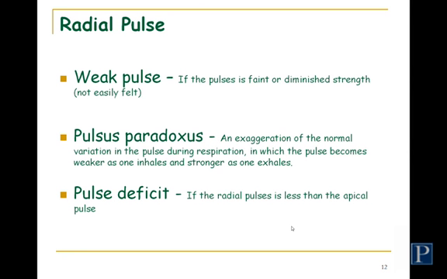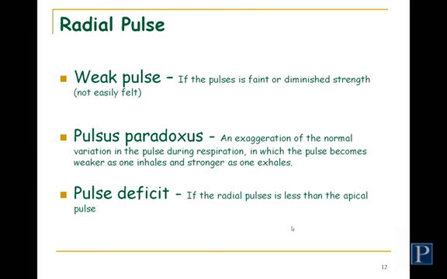If you have less blood going to the left side of your heart, that means less blood coming out of your heart, so the pressure wave is going to be smaller and your pulse will feel weaker. So that's why you have a normal variation.